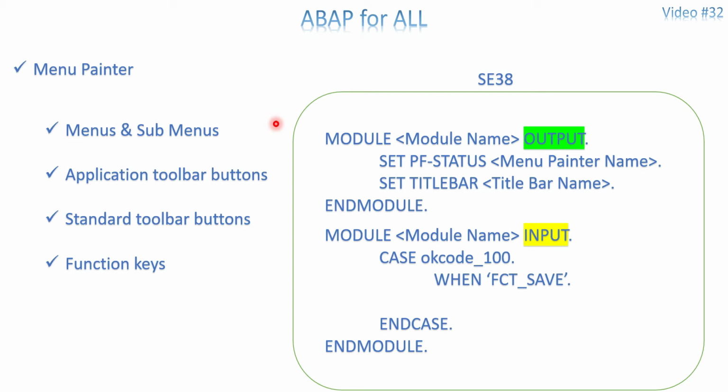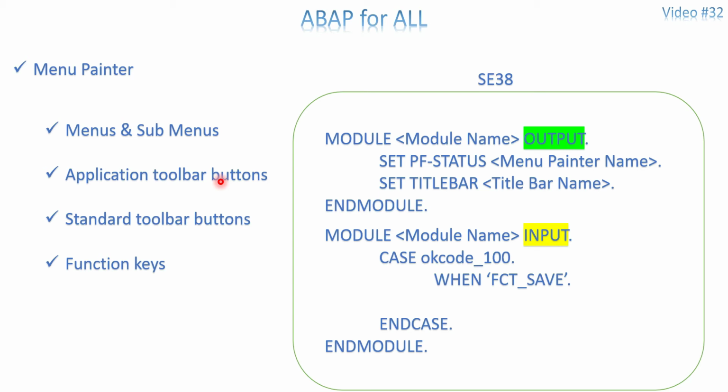But in menu painter you don't have such an option, but menu painter can access the screen painter modules by default. And here in menus you don't need anything in the PBO, right? Because menus are nothing but full of functionalities, buttons. You don't have anything like a screen, where before the screen pops up I need to pass some values.